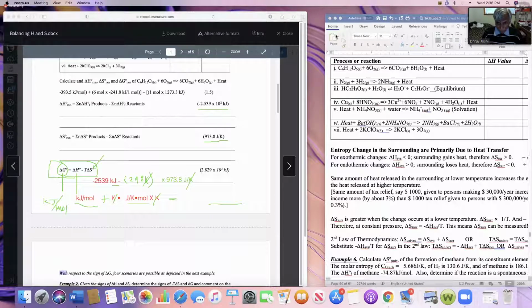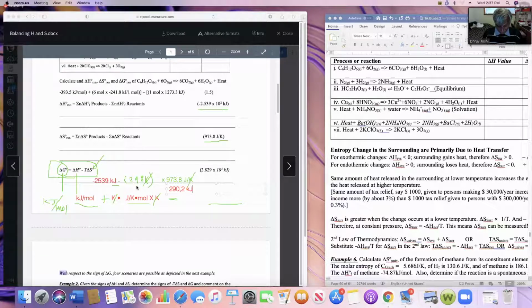That's 0.9738. No, multiply by 298, I forgot. 298 multiplied by 0.9738, converted into kilojoules, with four significant figures, is 290.2 kilojoules.